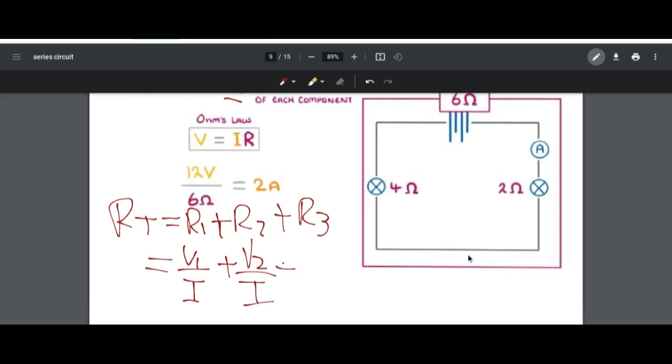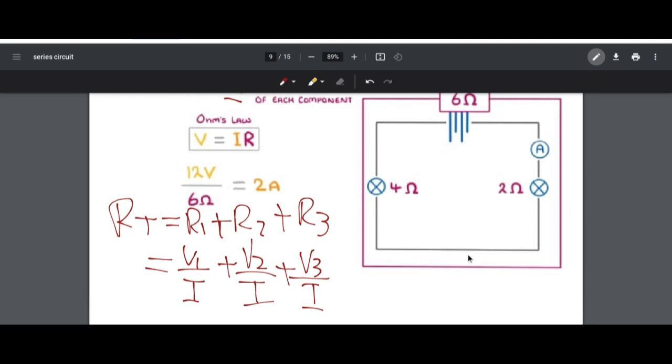Here I have a question for you. I use 1, 2, 3 with the voltage, but I didn't use the counting with the I. Why? Can you repeat the question?